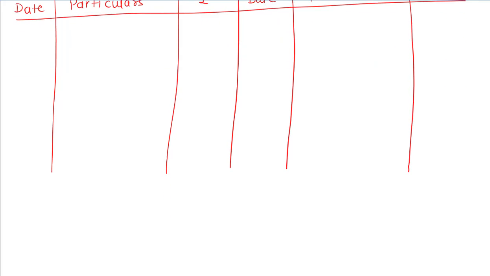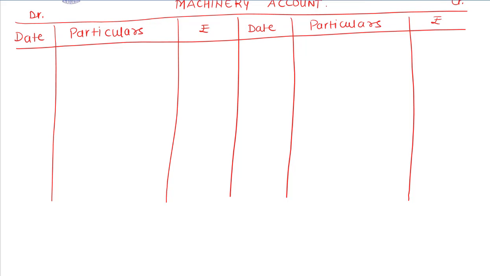I believe it is clear. Let us continue. So, on 1st of January 2013, a machinery was acquired. So, to bank account, acquisition of machinery for 2,20,000, and 40,000 incurred for the installation.